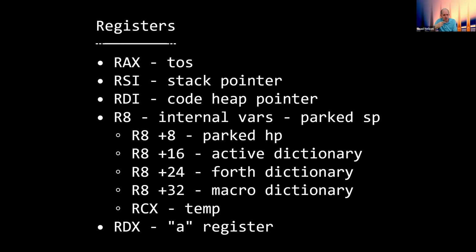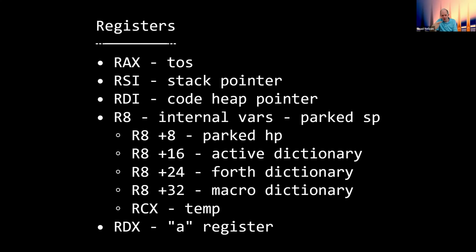And then, similar to Chuck, I use RDX as the A register. I've also got a little bit of a structure that I keep around for interacting between the two layers. Won't go into it, but there's a bunch of the entry points to the different system calls.